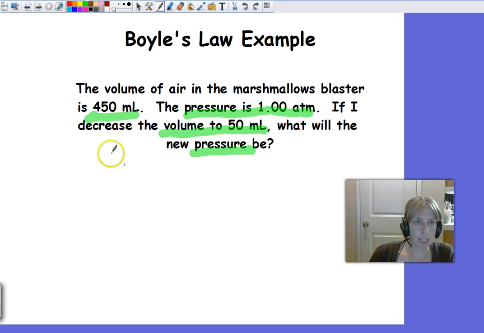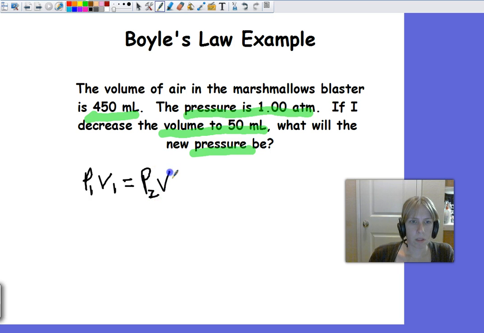So if we take this and we set it up, we're going to take our equation, which is P1V1 equals P2V2, and now we're going to plug in our values. So I have 1 ATM for my initial pressure times my volume, which was given as 450 milliliters.